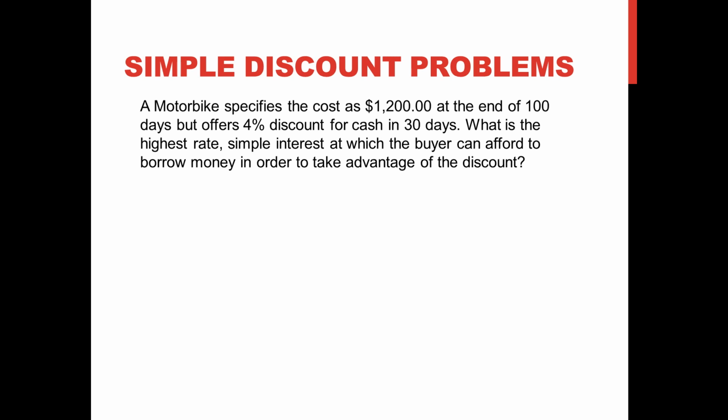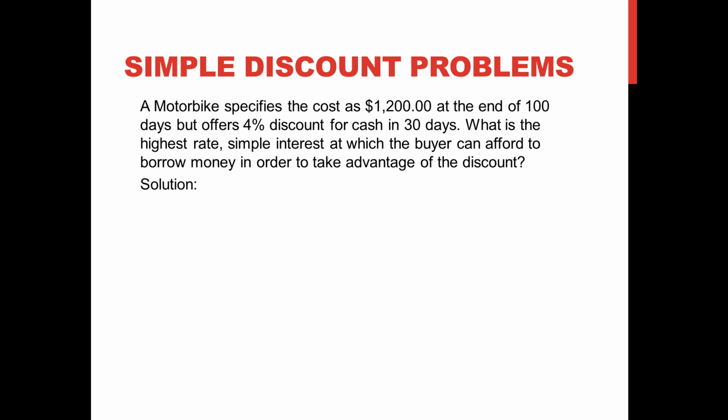Next. A motorbike specified the cost as $1,200 at the end of 100 days, but offers 4% discount cash in 30 days. What is the highest rate, simple interest, at which the buyer can afford to borrow money in order to take advantage of the discount?